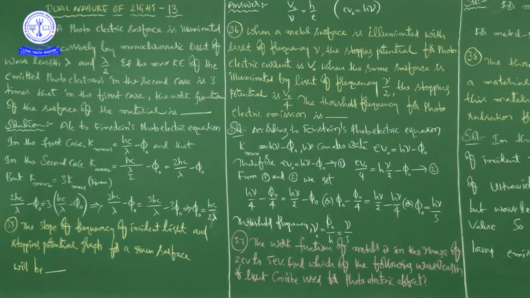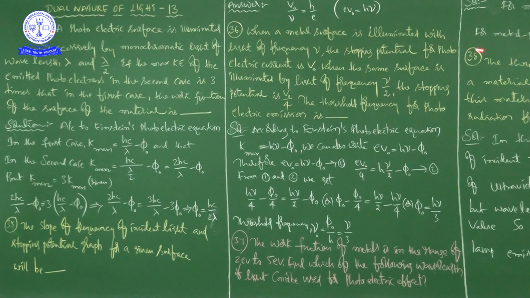One more important point: while drawing a graph between two physical variables, we have to take the independent quantity on the x-axis and the dependent quantity on the y-axis. So from these you can say V naught by nu is equal to h by e, because V naught by nu will give us the slope.